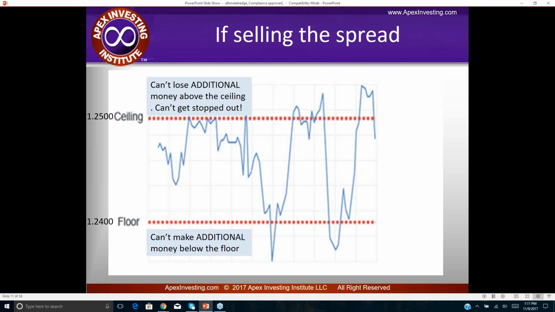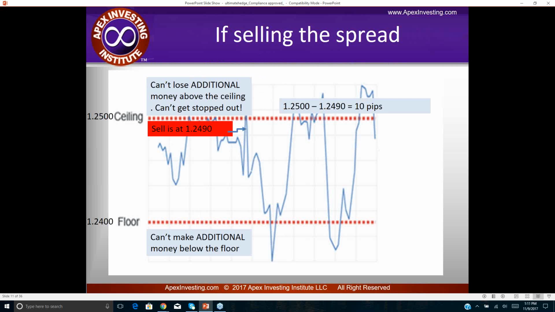I don't lose any additional money above the ceiling if I'm wrong and it goes up, but I also don't make additional money below the floor. Does that make sense? So going short, selling a spread, the ceiling caps my risk, the floor caps my profit. Remember, it's like a box, top and bottom.